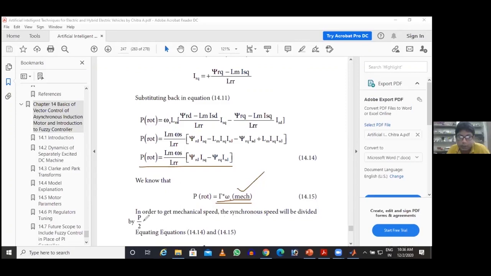In order to get the mechanical speed, the synchronous speed will be divided by P by 2. This is a very simple formula, a simple concept. When the synchronous speed goes to the mechanical rotor side, you have to divide by simply pole by 2.